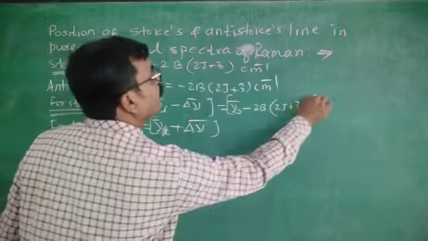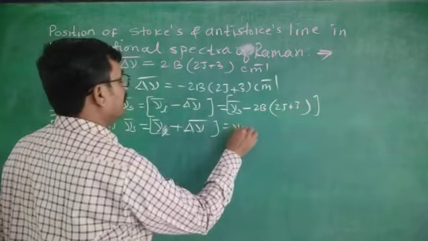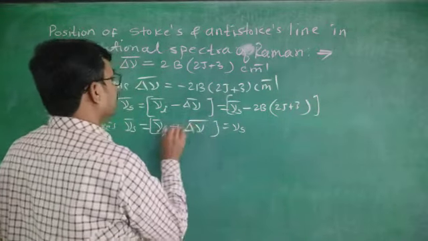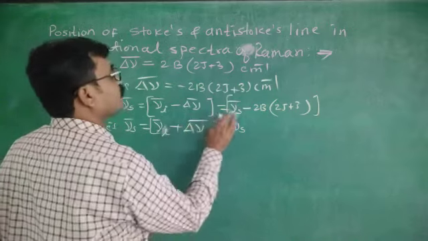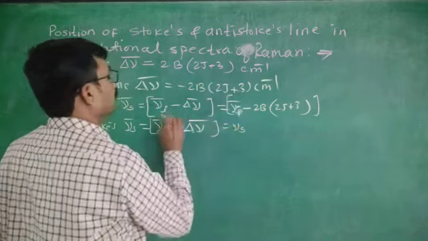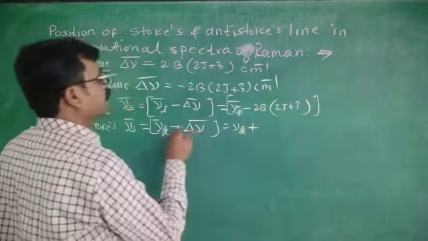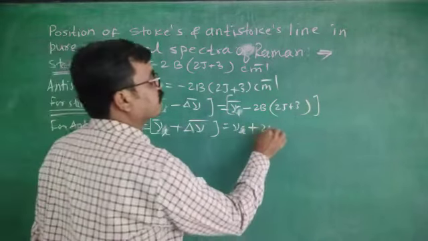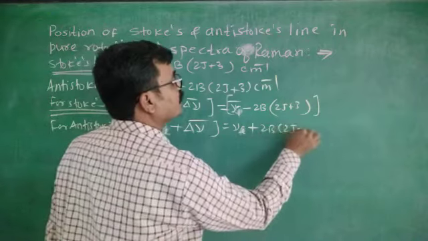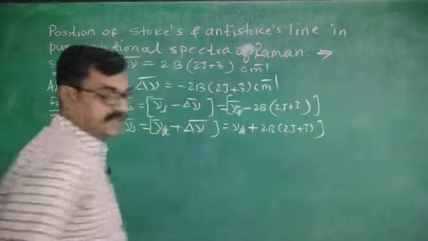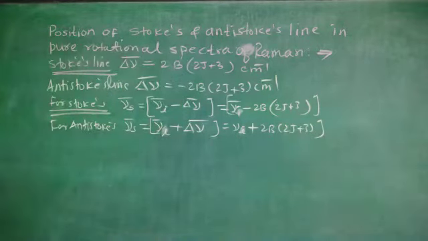And for anti-Stokes lines it will be nu I bar, but instead of minus there will be plus, that is plus 2B into 2J plus 3 so many centimeter inverse.